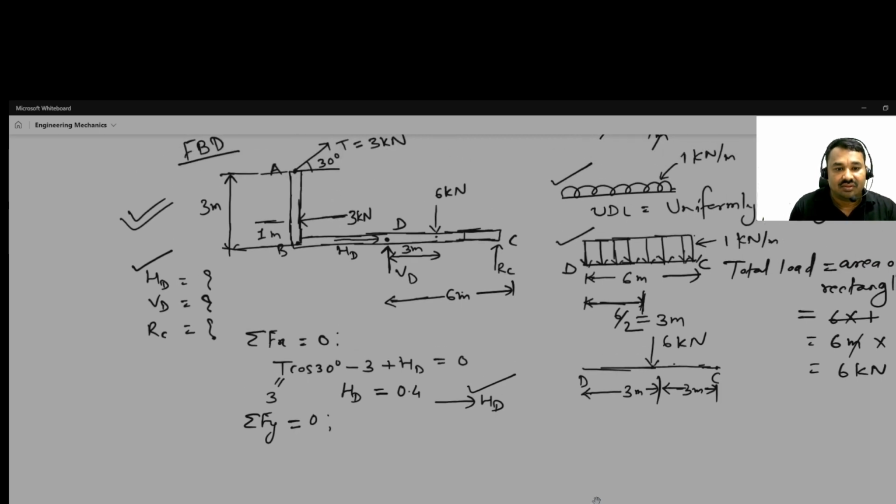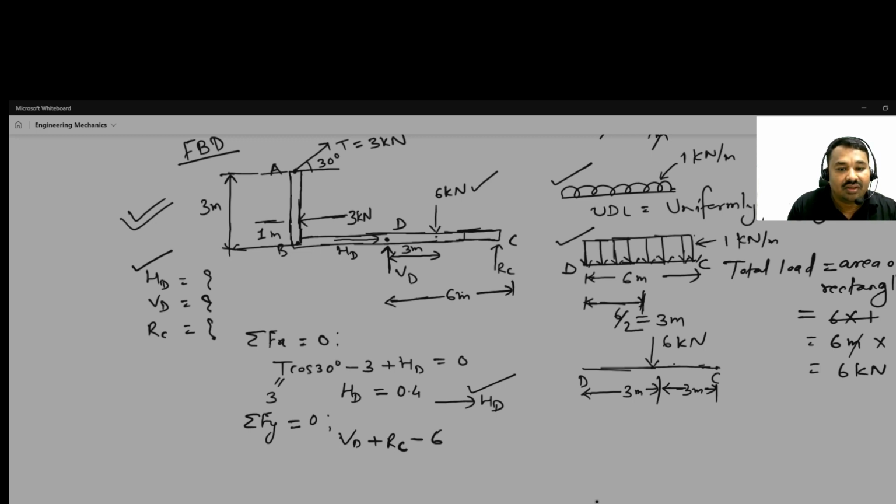So firstly VD plus RC, okay, we are coming from at C and at D, in between minus 6, this one we are taking, so it's a minus 6 in negative direction.